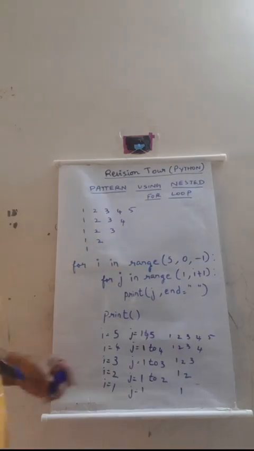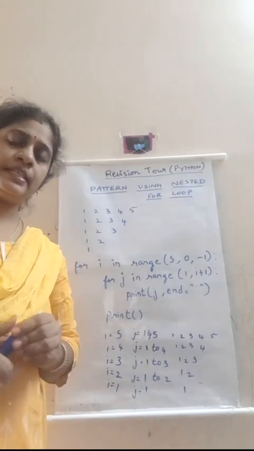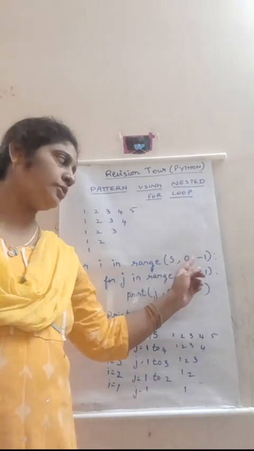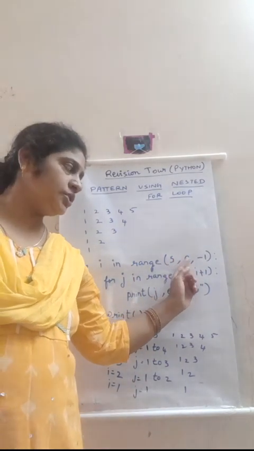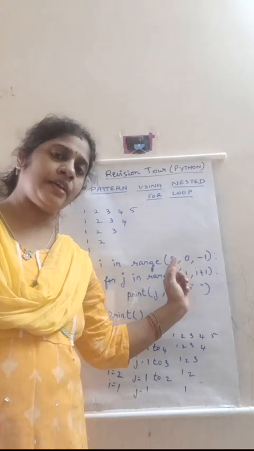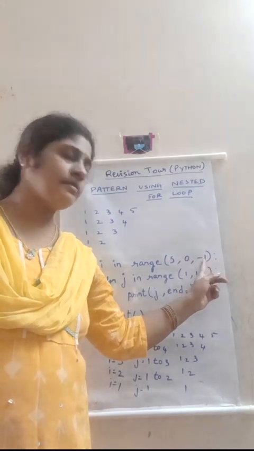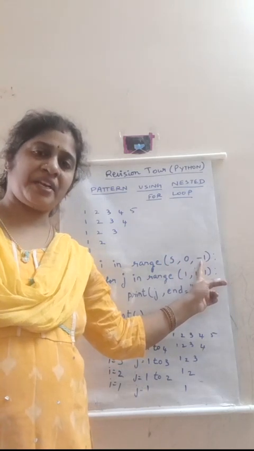So like this, the loop will run and it will display the pattern. You have to observe the changes in the values of i, starting from 5 and going up to 1 and deducting by minus 1.